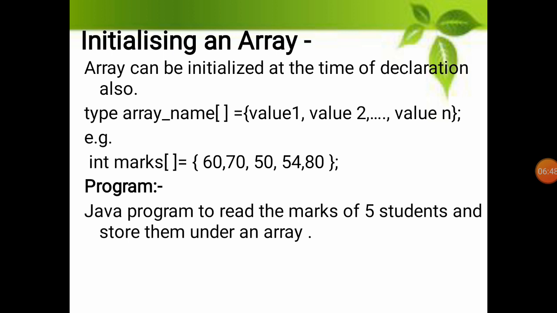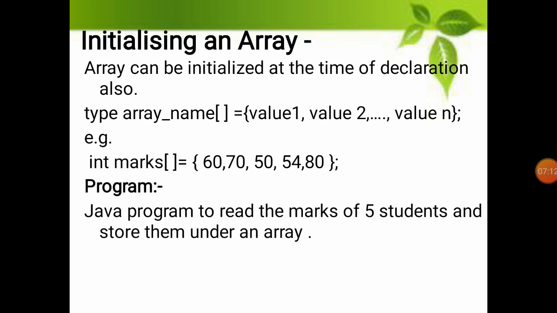For this we have to write the type, then the array name, then square brackets, is equal to, and we write value 1, value 2, value 3 as per the size of the array. For example, int marks[] = 60, 70, 50, 54 and 80.